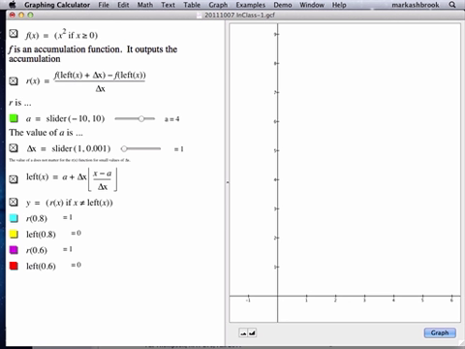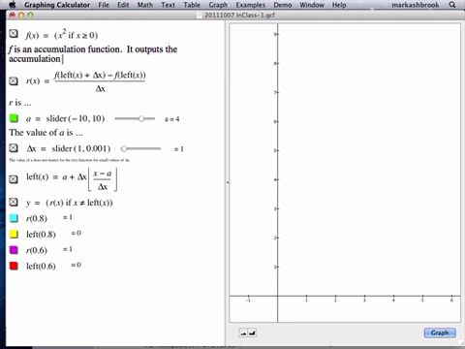It outputs the accumulation. What accumulation does it output? Okay, but so it outputs, so the input is x. And what is x?